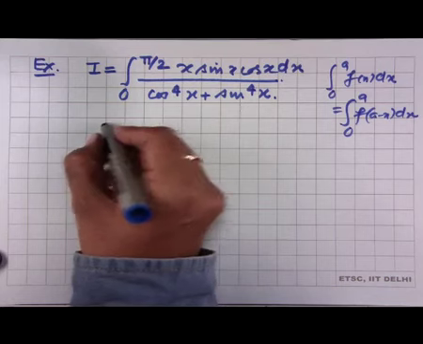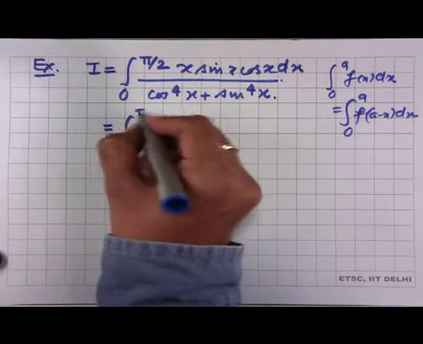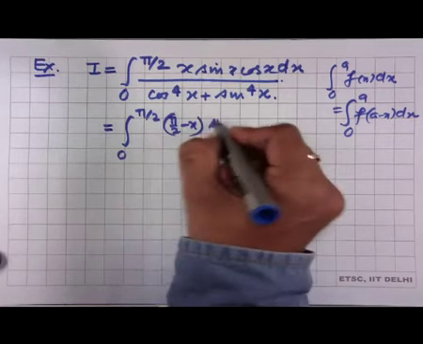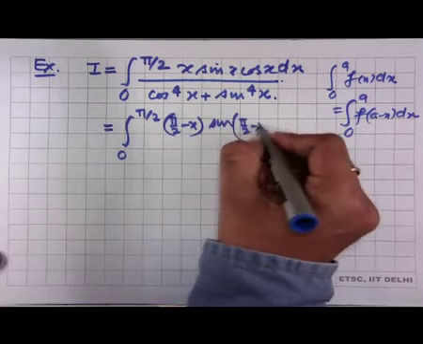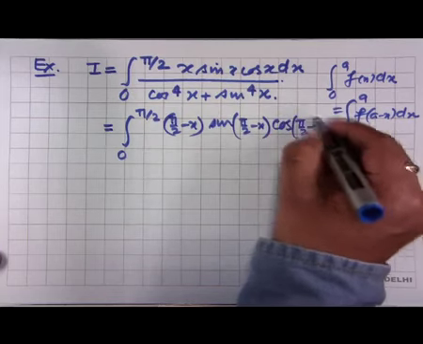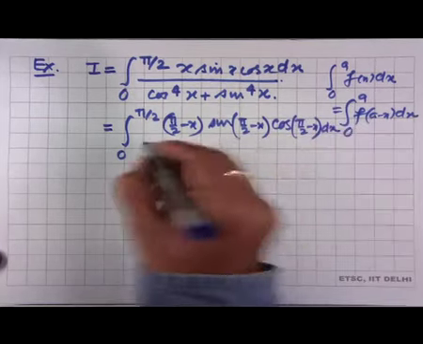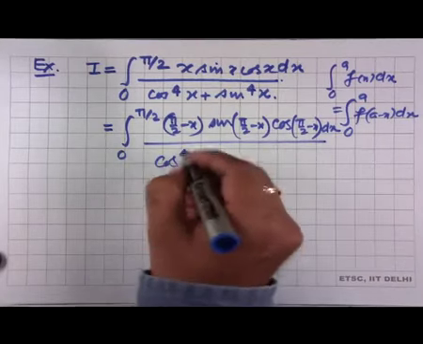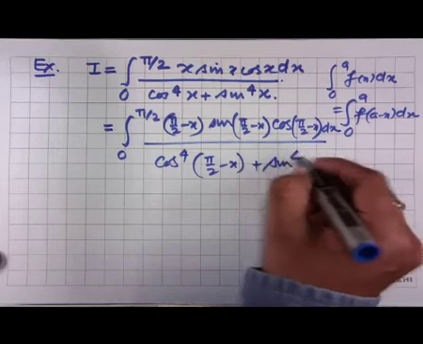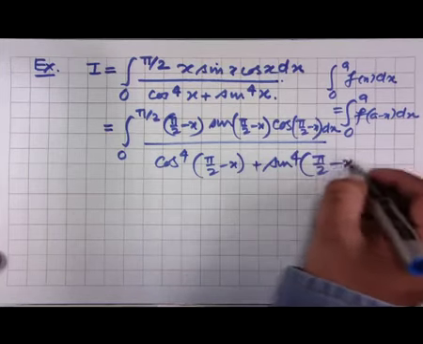So this will give you 0 to pi by 2, pi by 2 minus x, sin pi by 2 minus x, cos pi by 2 minus x dx by cos power 4 pi by 2 minus x plus sin power 4 pi by 2 minus x.